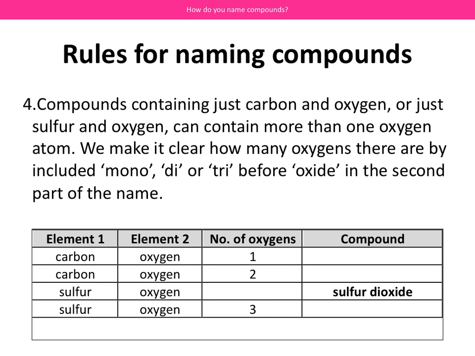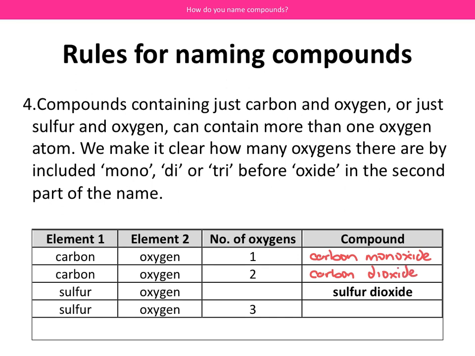If we look at our example here, we've got carbon and oxygen, and it's saying we've only got one oxygen. So our compound is going to be carbon monoxide. The monoxide is telling us it's carbon bonded with just a single oxygen. When we look at the next one, we've got carbon and 2 oxygens. So we make that clear by calling the compound carbon dioxide.